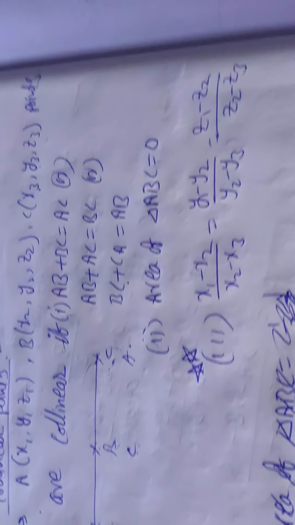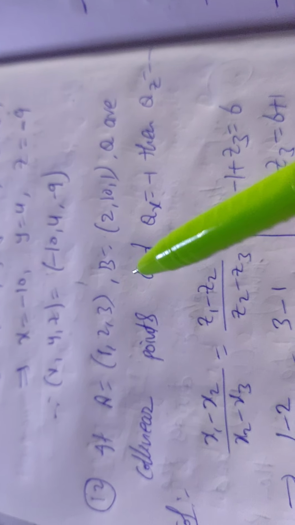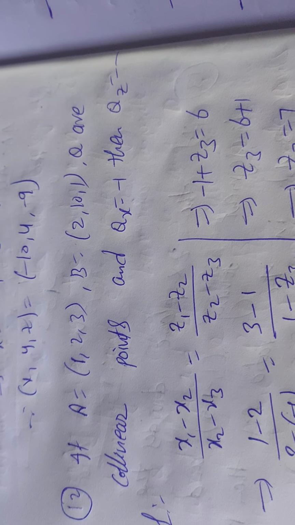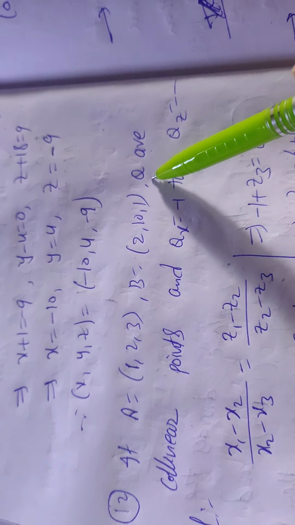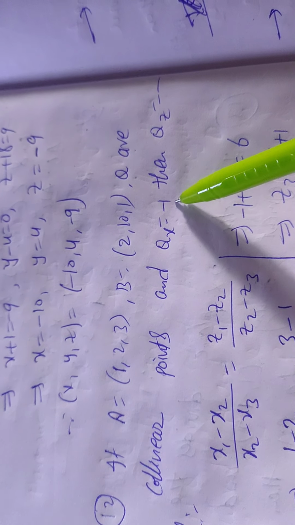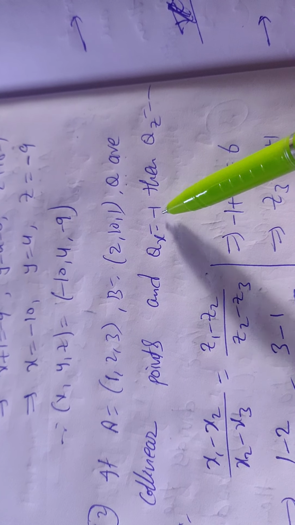Okay, based on this, let us go with one problem. If A is equal to (1, 2, 3), B is equal to (2, 3, 1), and Q are collinear points. So one more point they have given, Q, and Qx is equal to minus 1. That means in the point Q, the x coordinate they gave is minus 1.